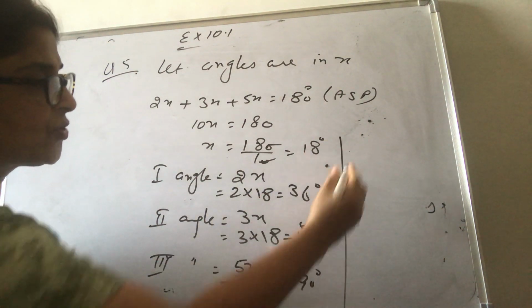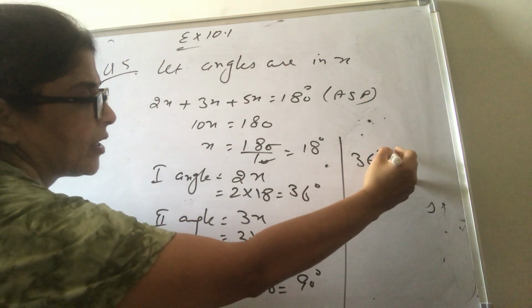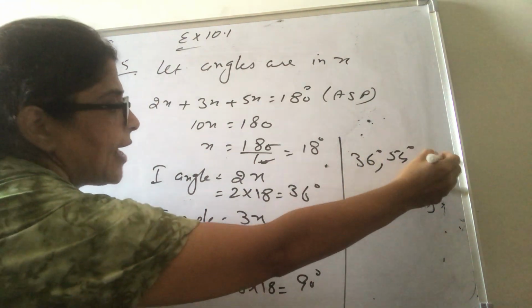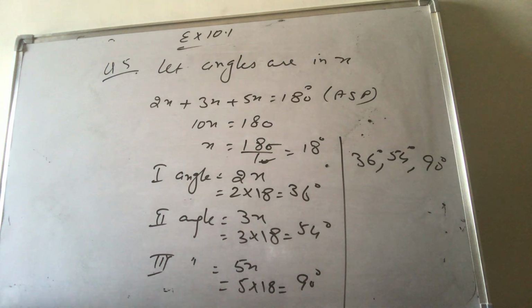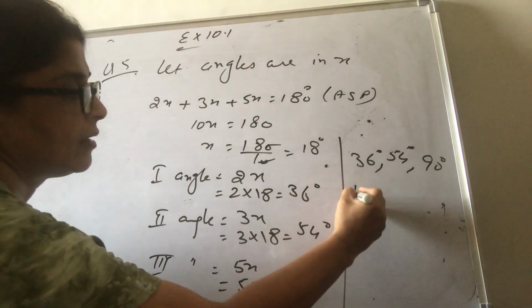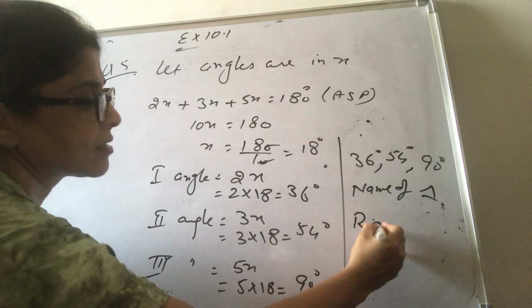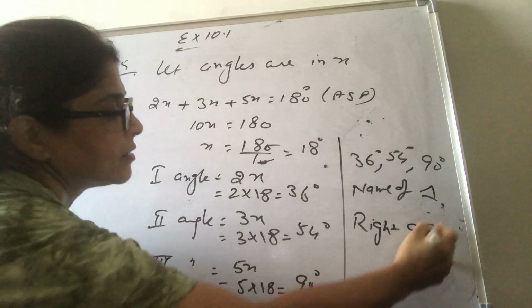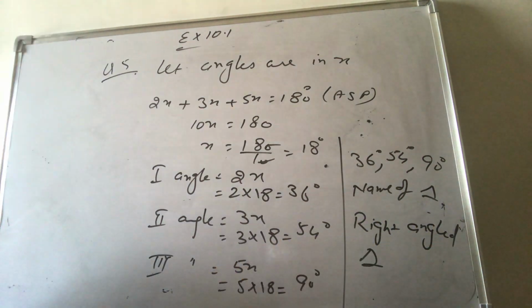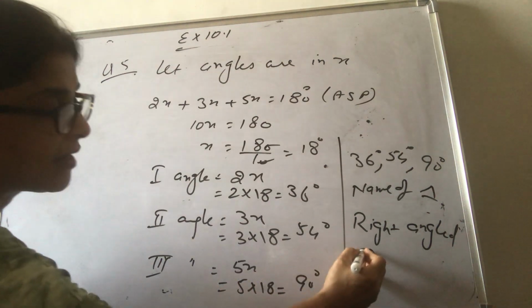Now we have three angles, 36 degree, 54 degree, and the third angle is 90 degree. Now out of three angles, one angle is 90 degree. Then the type of the triangle will be right angled triangle.